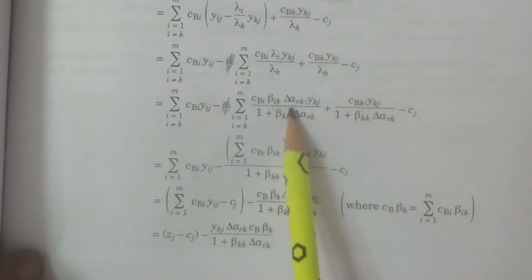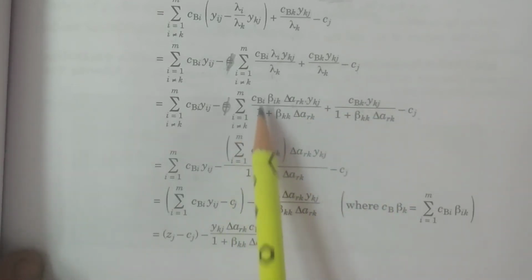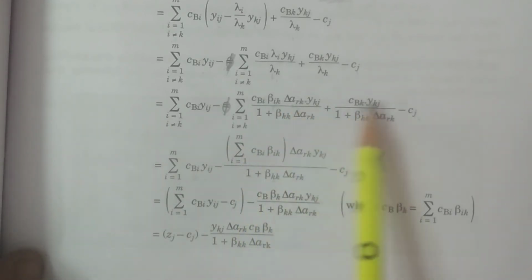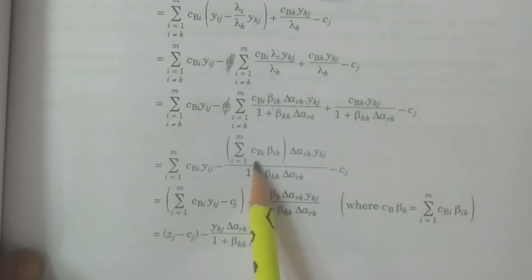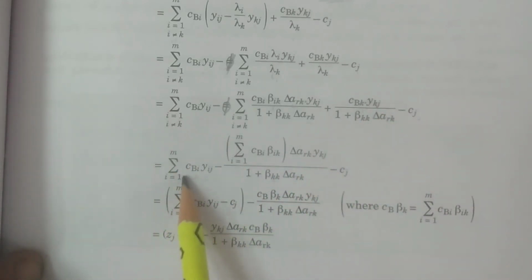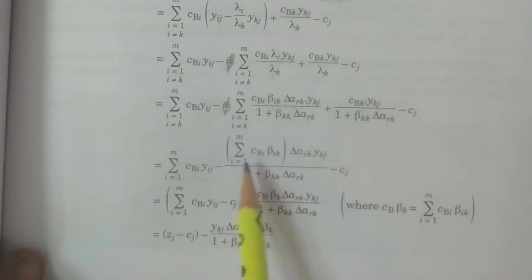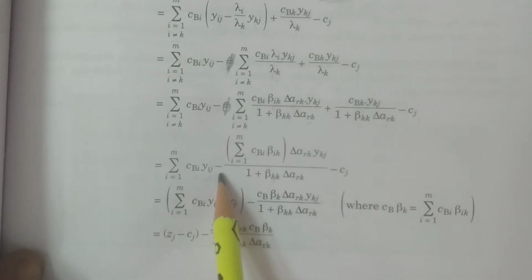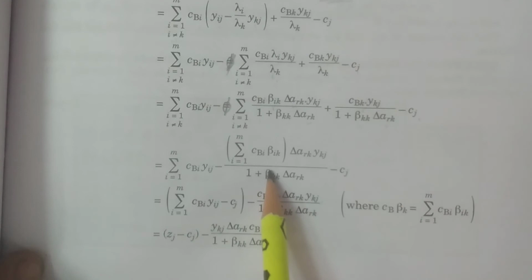It was considered into one summation. You see, summation I is equal to 1 to m CBI beta ik, that's what we have considered here. If you do minus and plus, then the plus term will be here and the minus term will be here. Have you understood this? That is the reason for the minus. The plus term is going to be included here, the minus term will be left here.